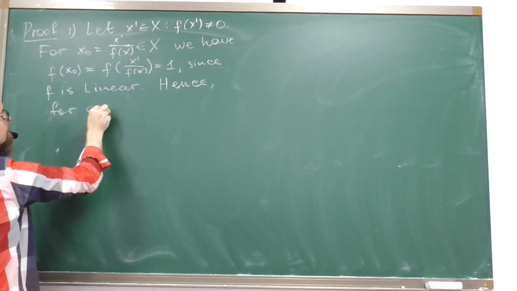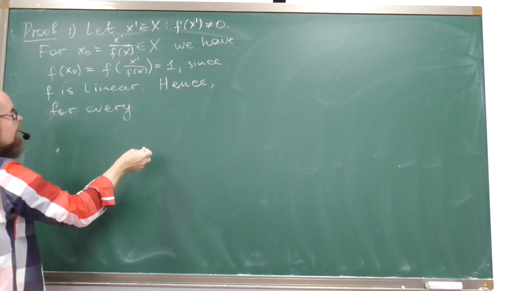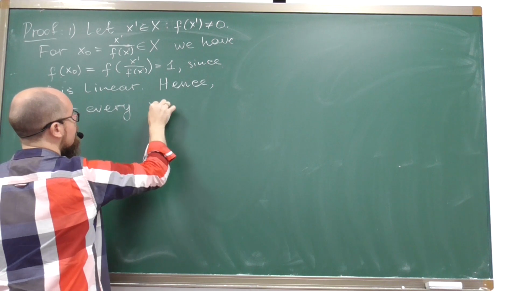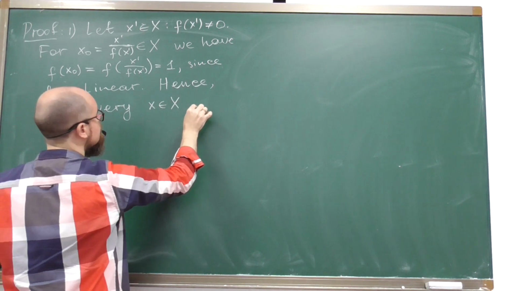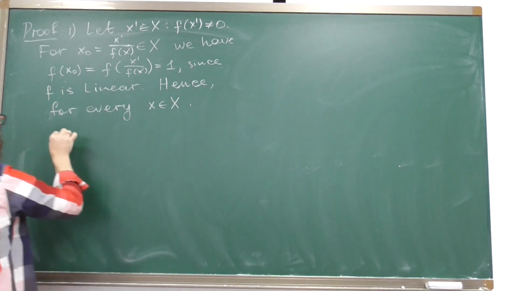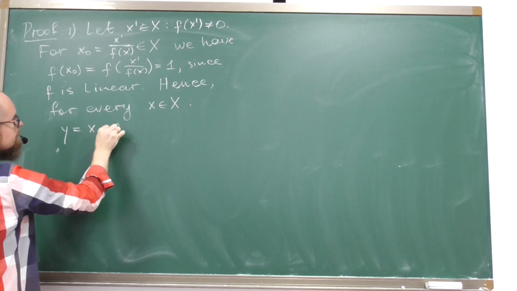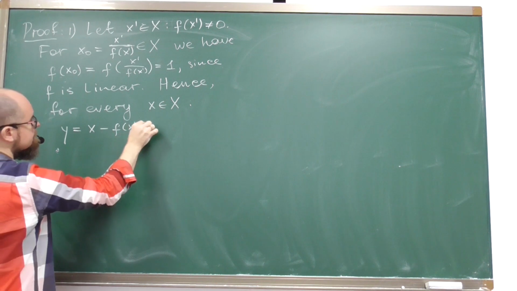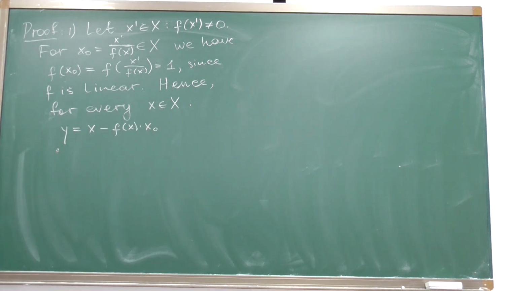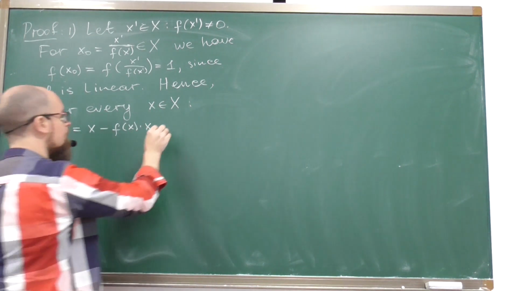For every x in X, the element x minus f of x times x naught belongs to the kernel of f.